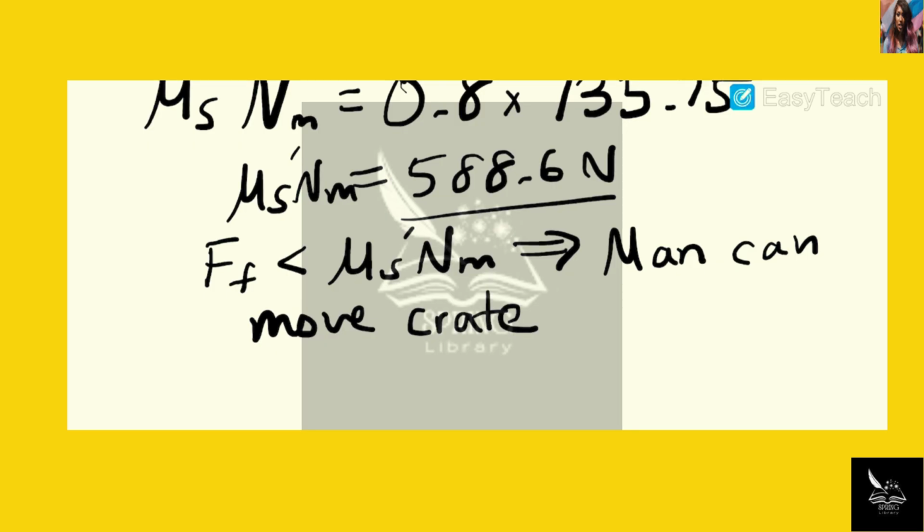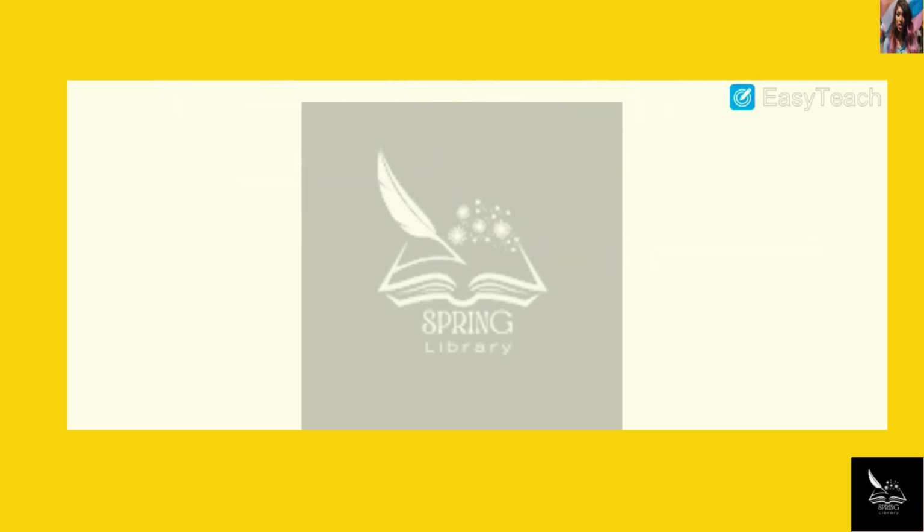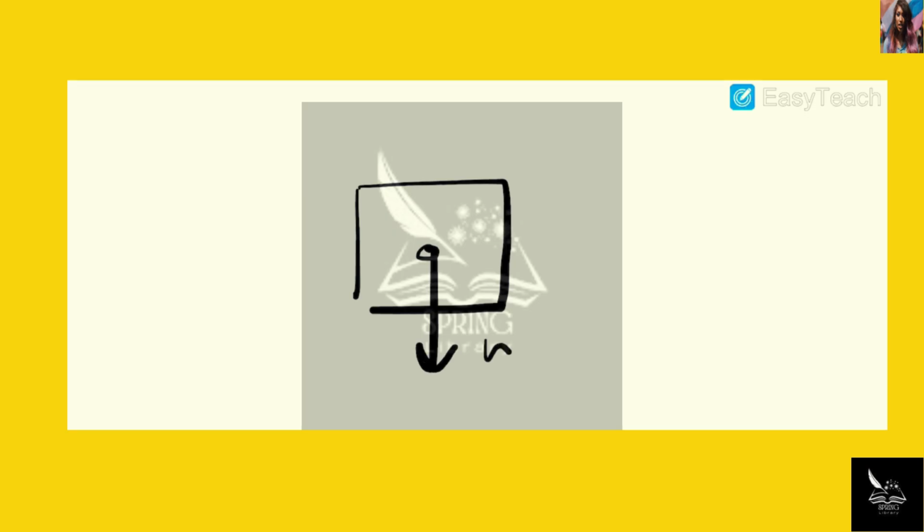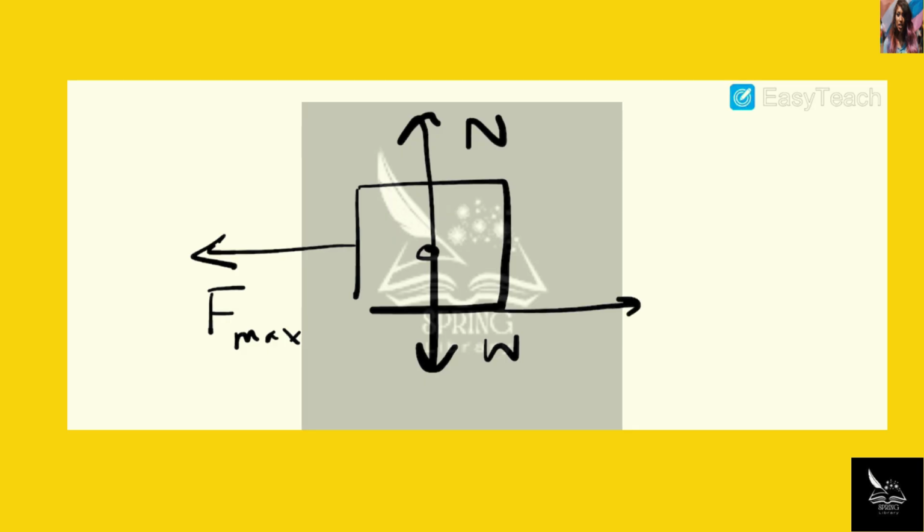Remember that we're also asked to solve for the maximum acceleration that can be experienced by the crate. So we know that the maximum force that can be applied by the man to ensure that he can move the crate is 588.6 newtons. So redrawing our free body diagram of the crate, we can say that the crate has a weight force, W, a normal force, the force applied by the man, but the maximum force that's applied, and we also have the friction force, which we'll call Fs.